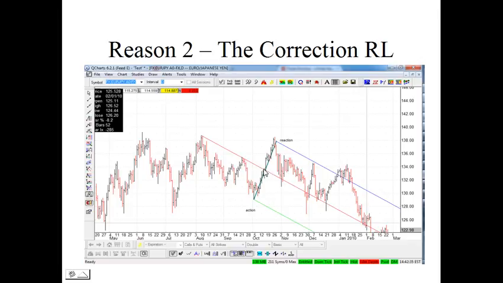And then you take the distance from that trend line to the previous point, and you measure that distance and draw what we'll call an action line. And then you draw an equidistantly further line on the other side of that trend line over here. That's called the reaction line.